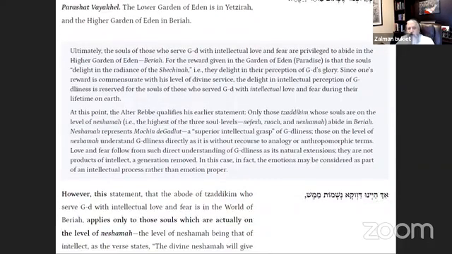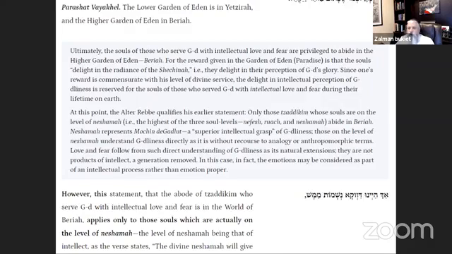At this point, the Alter Rebbe qualifies his earlier statement that only those tzaddikim whose souls are on the level of the neshama, the highest level of the three levels of the soul, nefesh, ruach, neshama, abide in Bria. Neshama represents mochin d'gadlus. Again, we're going back to what we learned, that the aspect of meditation on God is to have mochin d'gadlus, is to broaden your brain.